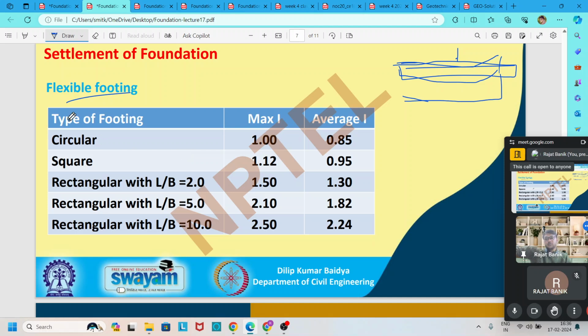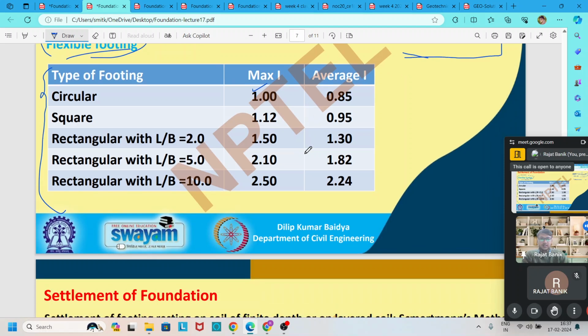For flexible footing, it also depends on the I value and on different types of foundation. For circular it is about 1, the maximum value is 1, and for square it is 1.12. We go through this table.